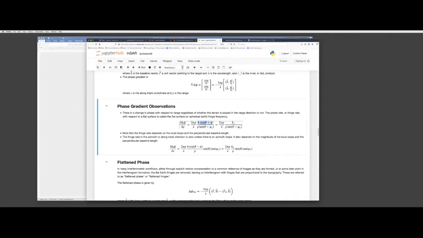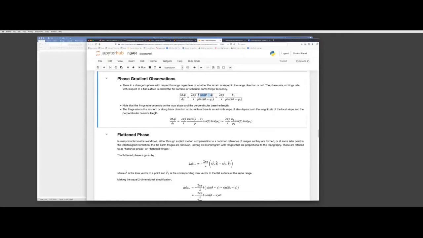So as the baseline becomes 0, this change in fringes across the surface becomes 0. Okay, so that makes sense. You don't have any sensitivity really to the topography if you have no baseline for this particular observation.